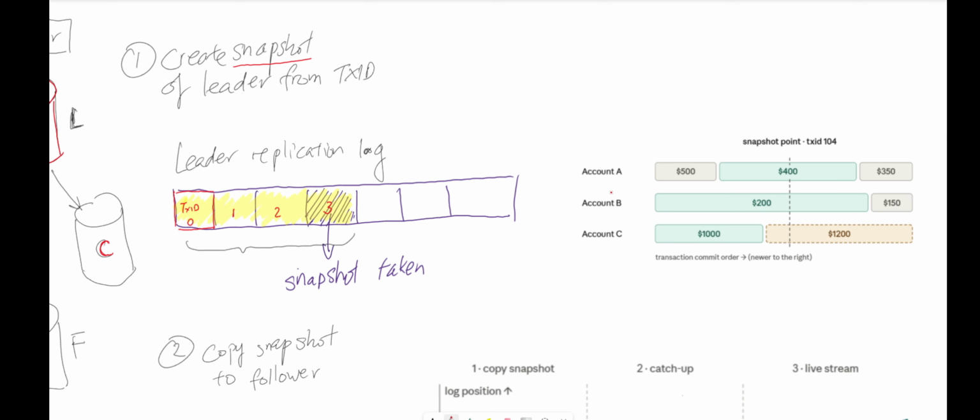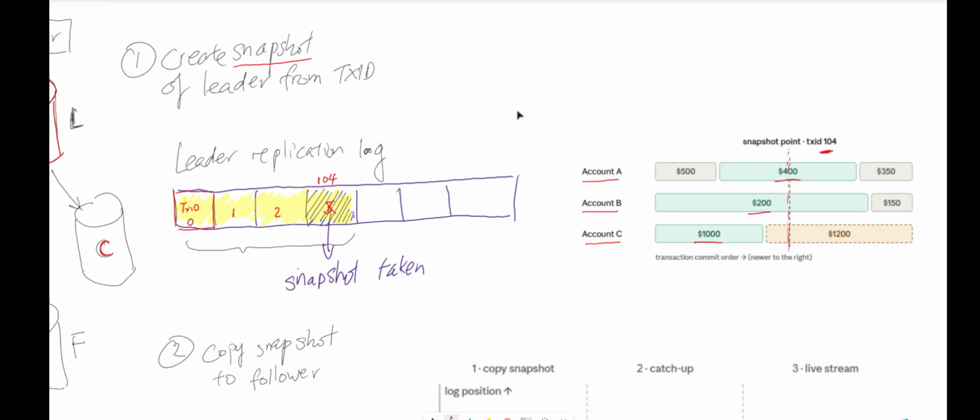Right now, our database has the following 3 keys: account A, account B, and account C. We take a snapshot at this time where TXID is equal to 104. Let's say instead of 3, this is 104. Account A is equal to 400, account B is equal to 200, and account C is equal to 1000.